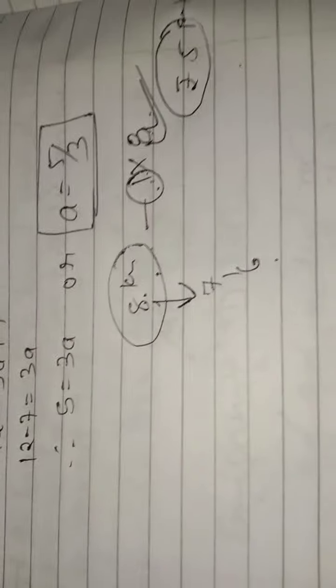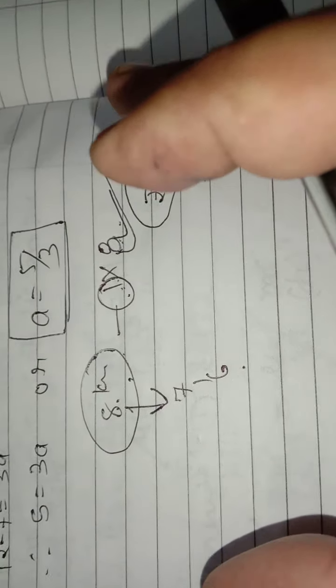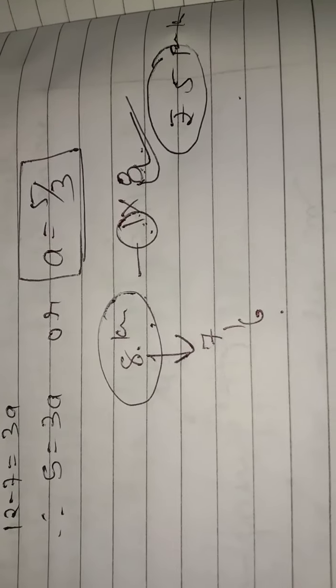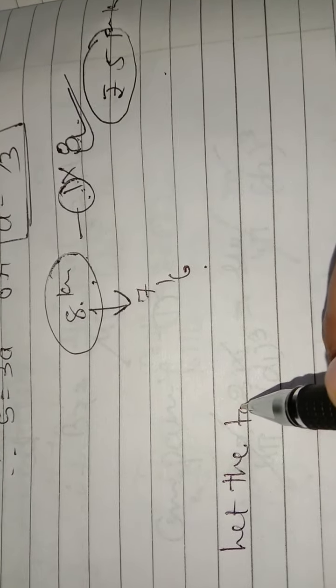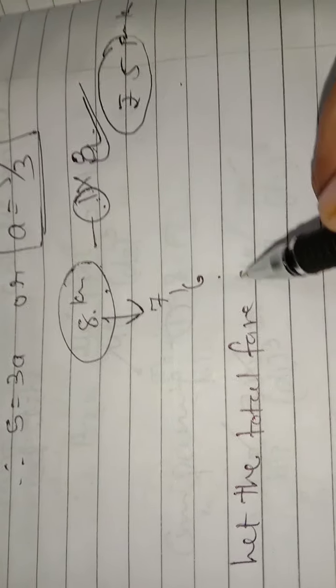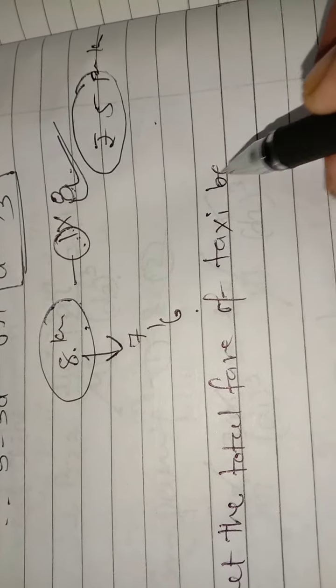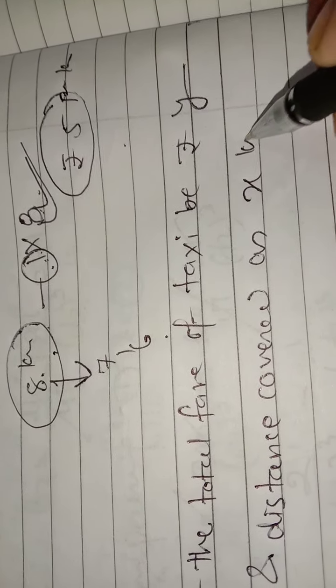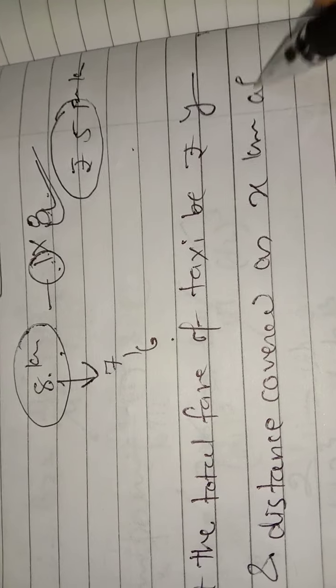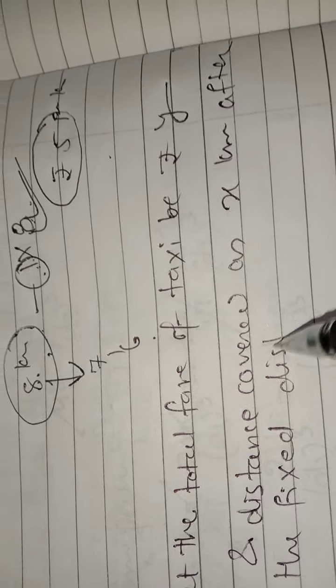If we want to find the distance covered and the total fare, I will consider here: let the total fare of the taxi be rupees y and the distance covered be x kilometers, after the fixed distance.